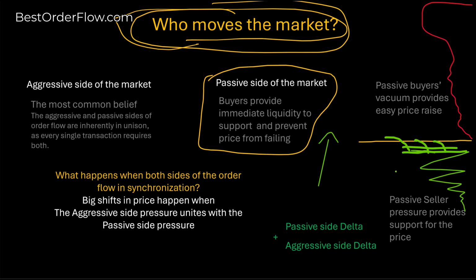And let's say at the same time, while this is building the immediate support for the candle, for the price, these guys on the seller side may create a vacuum. They may remove orders. You saw previously that there is an indicator, pulling and stacking.